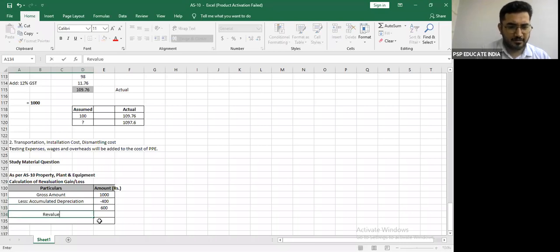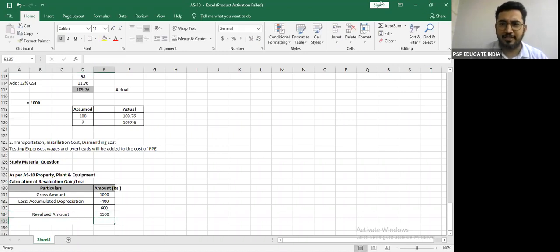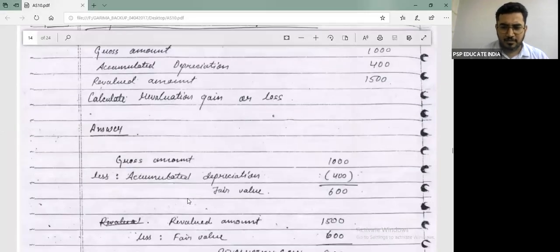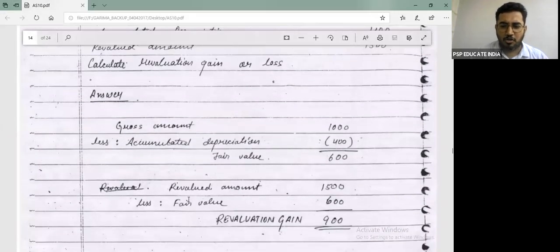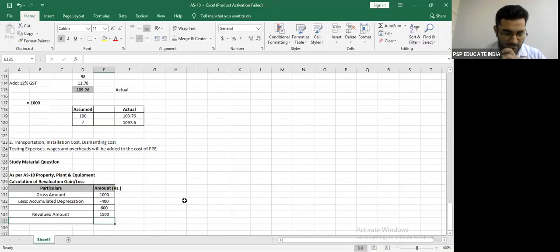Against that, revalued amount is 1500. Tell me, your value was 600, the revalued amount is now 1500. Is it revaluation gain or loss? If gain, how much?